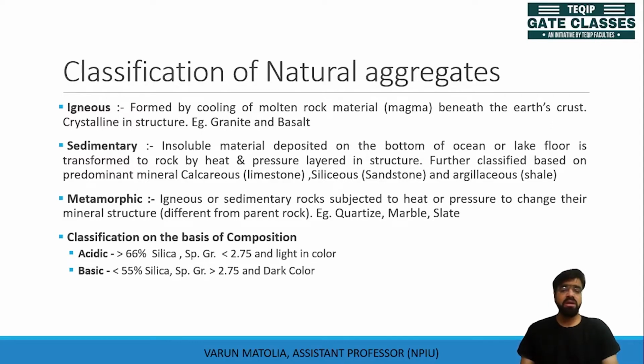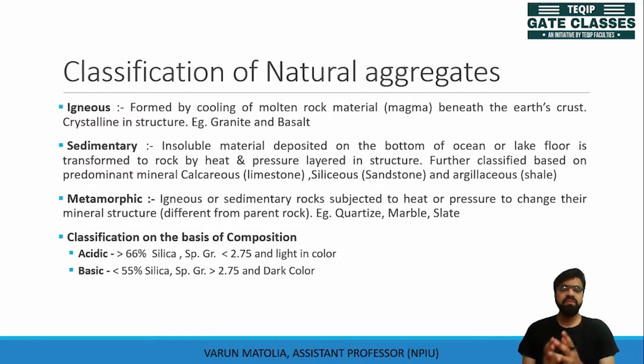A volcanic rock forms when the magma cools down at the Earth's surface. A plutonic rock forms when the magma cools down at a greater depth in the Earth's surface. And a hypabyssal rock forms by cooling of magma at comparatively shallow depth from the Earth's surface.